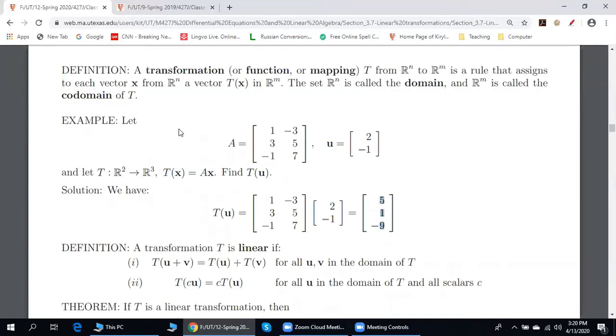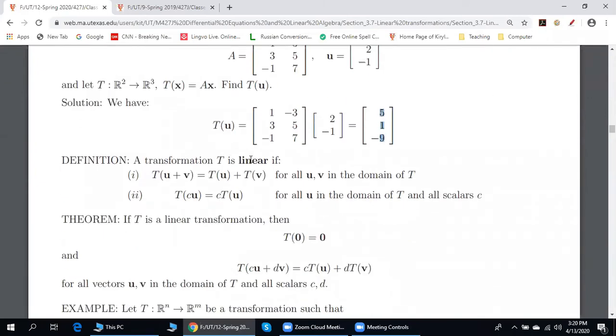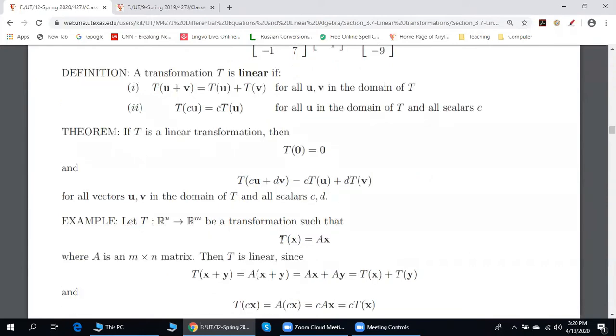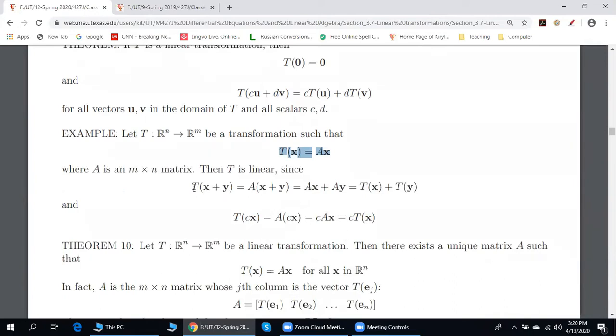Now, as before, a linear transformation is a transformation that satisfies both properties. Let us show that this particular transformation is indeed linear. It is easy to show. T of x plus y by this formula is A times (x plus y).